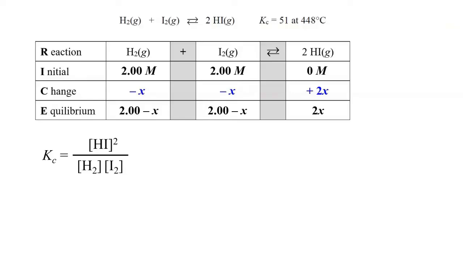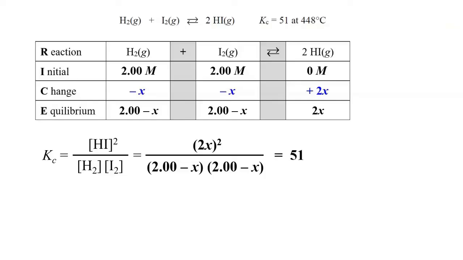So here we go. On the top, it's going to be 2x squared, and on the bottom, it's going to be 2 minus x times 2 minus x. Since we know the value of the equilibrium constant, Kc, that's 51, we can set this expression equal to 51. Now, all we have to do is solve for x.